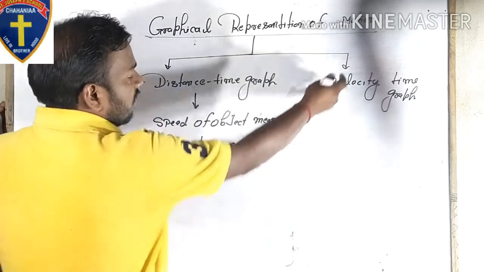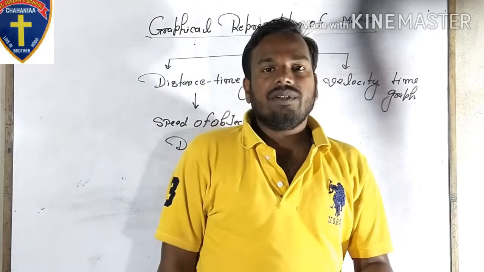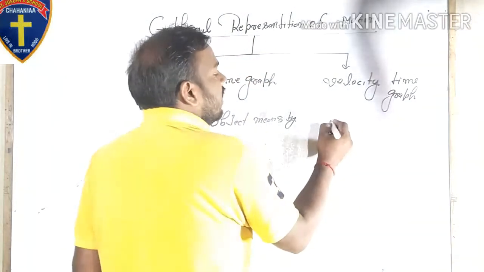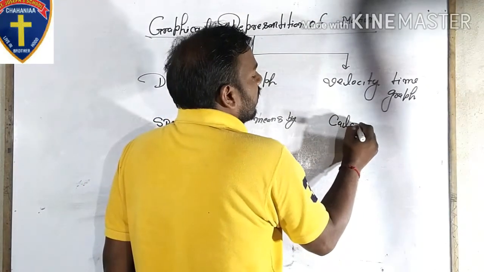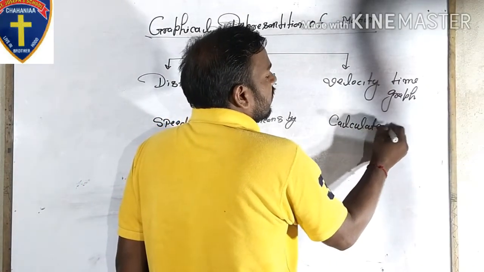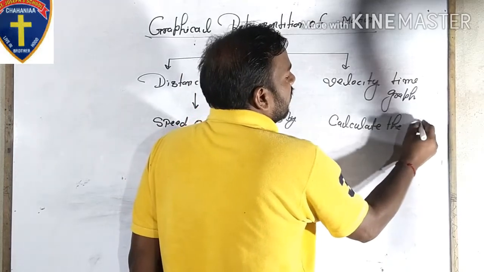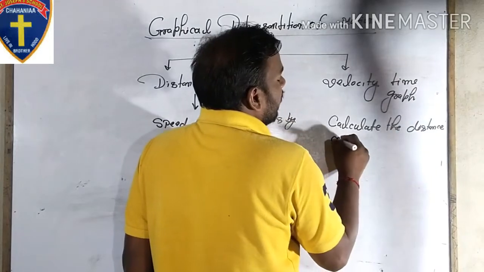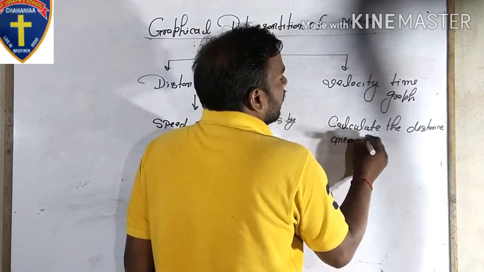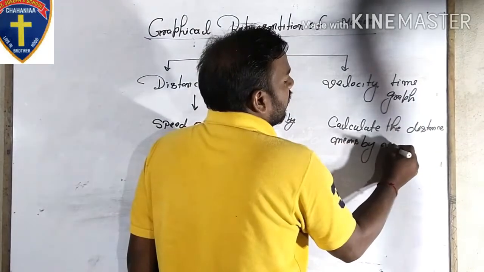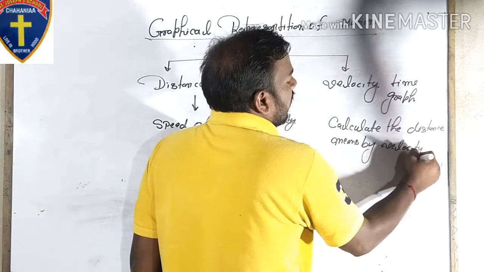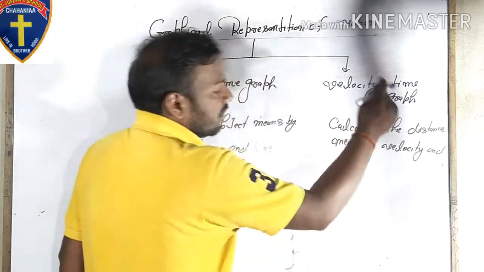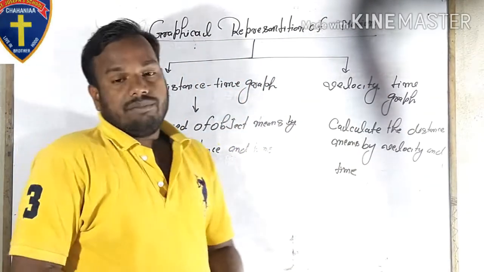In the velocity-time graph, we calculate the distance, that is, by velocity and time.